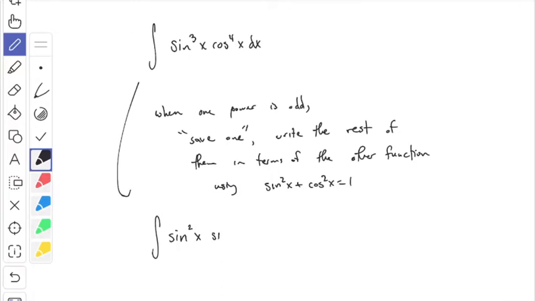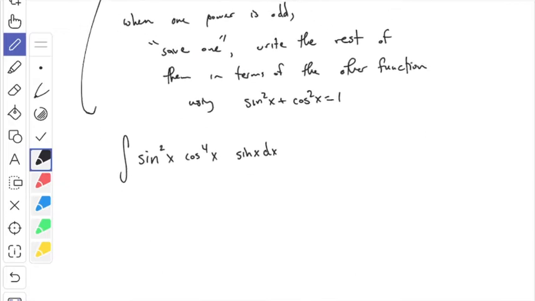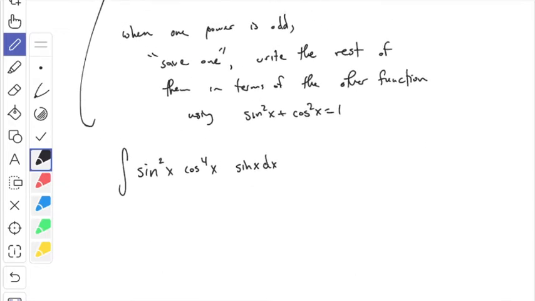Of course, I also have cosine to the 4. And then I'm going to put the other one, the one that I'm saving, over here. That's because eventually I'm going to do a u substitution where the sine x goes with the dx. So this is what is meant by save one of them, and then write the rest of them in terms of the other function using sine squared plus cosine squared equals 1. So in this case, I'm going to replace the remaining sine squared by 1 minus cosine squared.